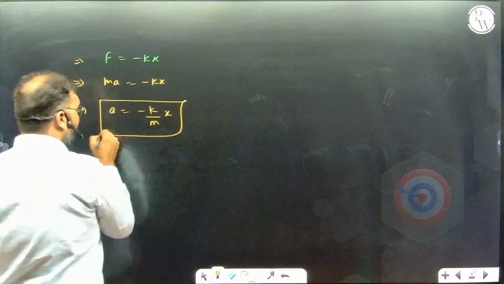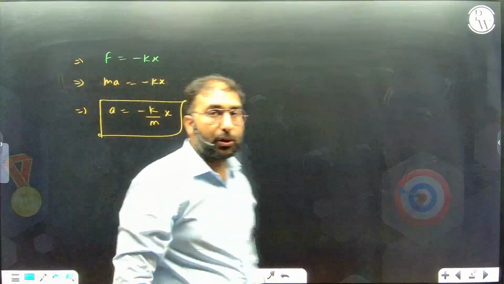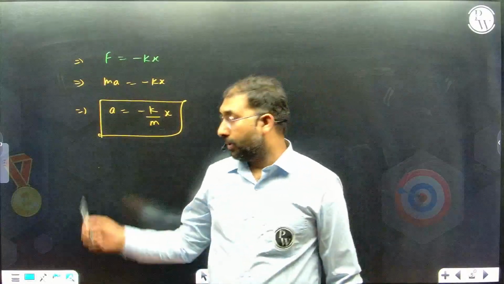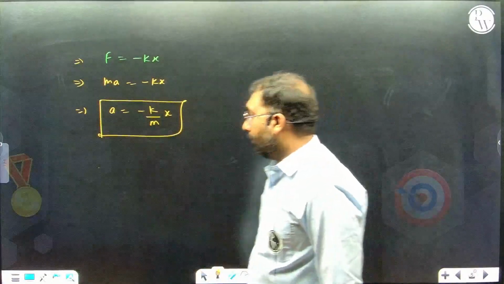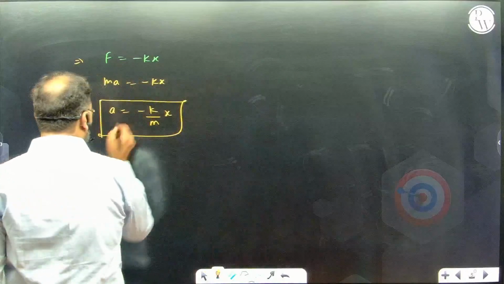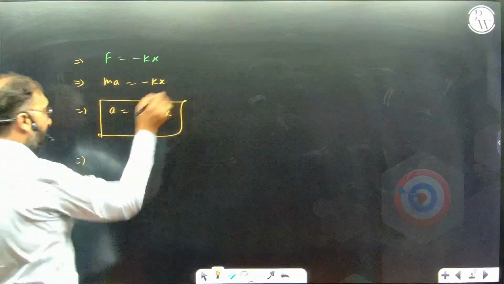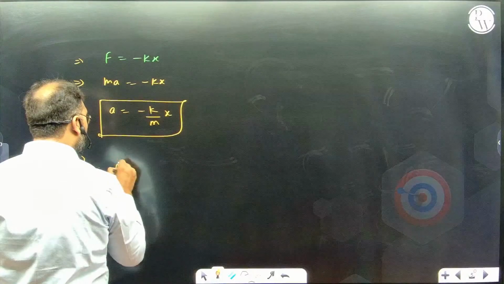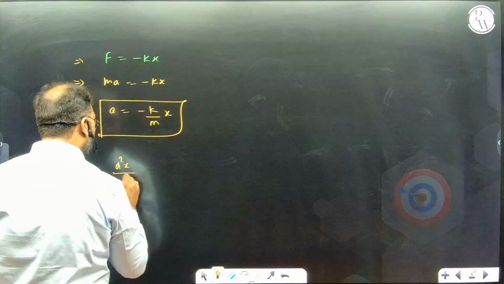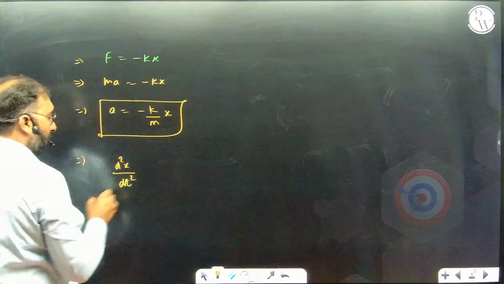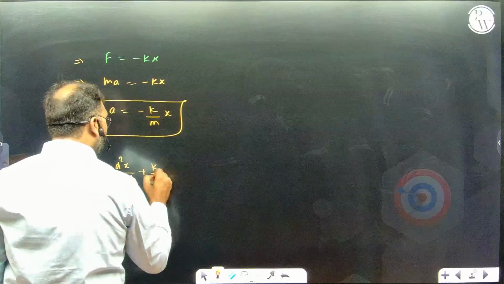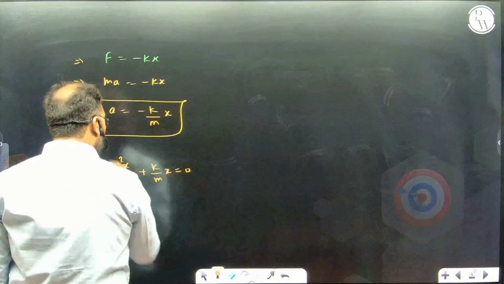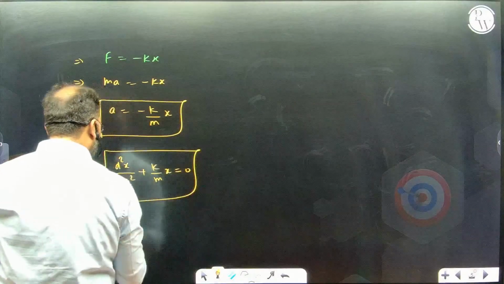This acceleration of the particle is directly linearly proportional to the displacement of the particle from the mean position. Acceleration can be written as the second derivative of displacement, so d2x upon dt square plus k by m into x equals 0. This is known as the differential equation of SHM.